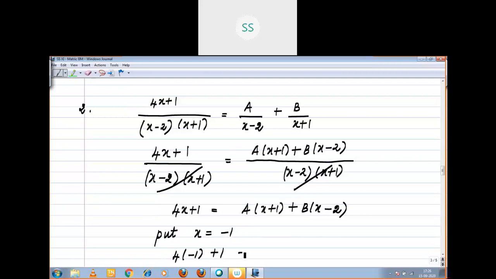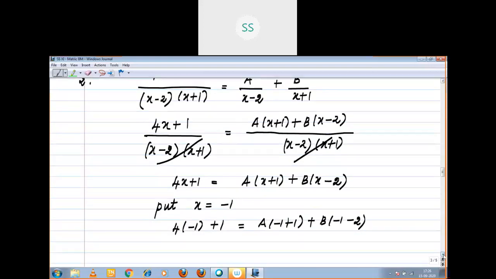So 4 into −1 plus 1 equals A into (−1 + 1) plus B into (−1 − 2). Got it, children? Say yes or no, whether you understood or not. A vanishes. −3 equals −3B. −4 plus 1, so minus cancels, 3 cancels. Therefore B equals 1.